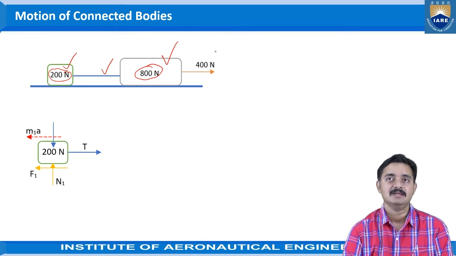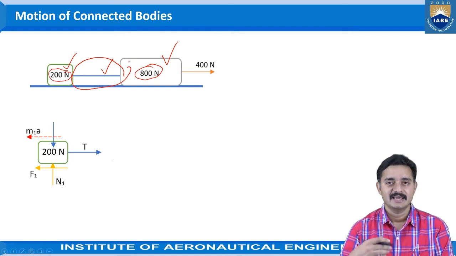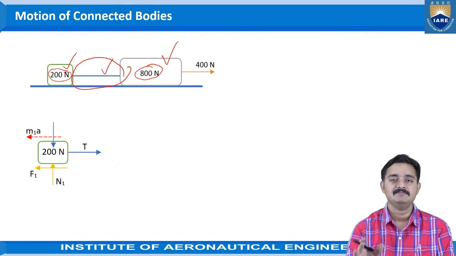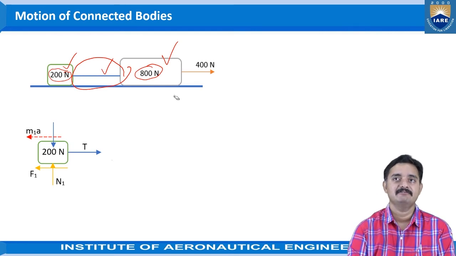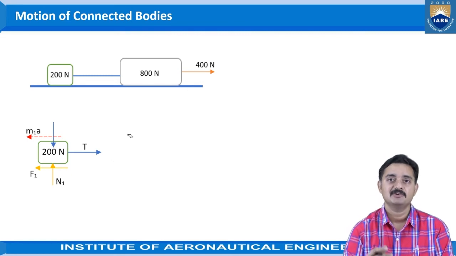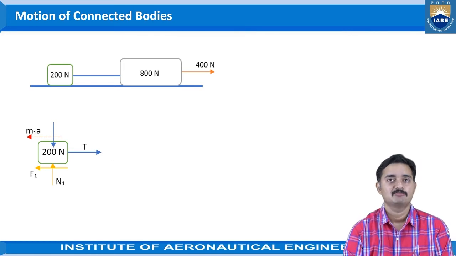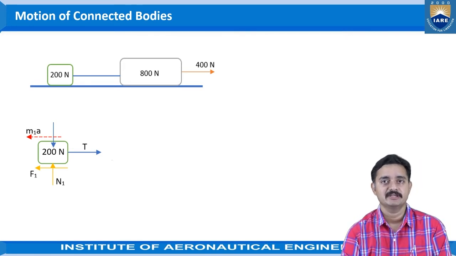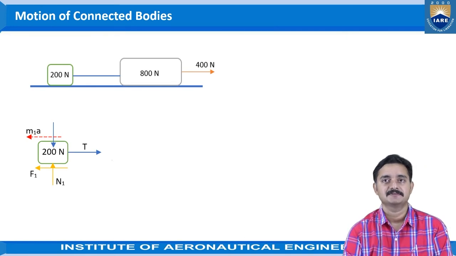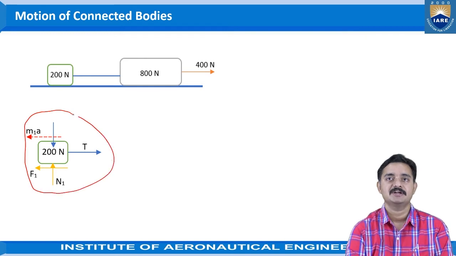As these two bodies are interconnected, or any number of objects connected to each other, all the objects will have the same acceleration, depending on the surface on which they are moving, or the way in which they are moving. Right? So this is the free body diagram of the 200 Newton block.